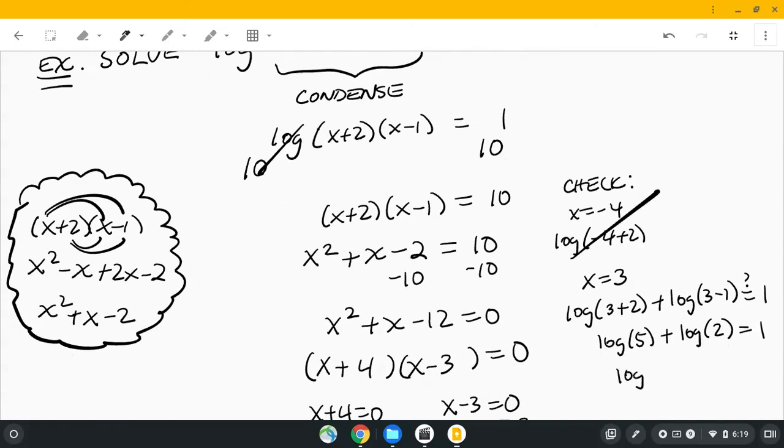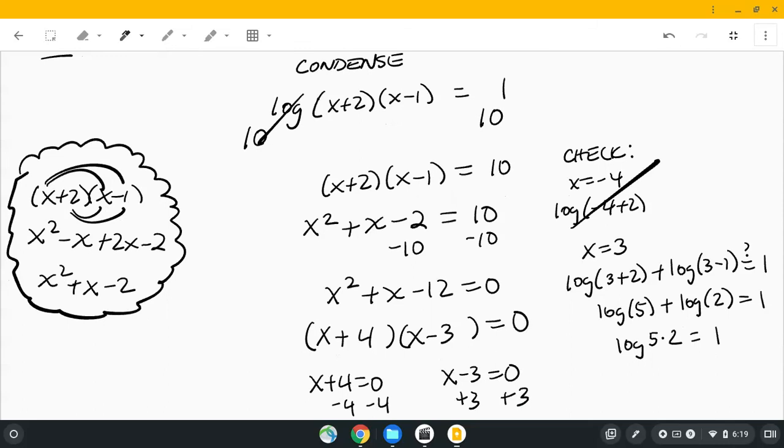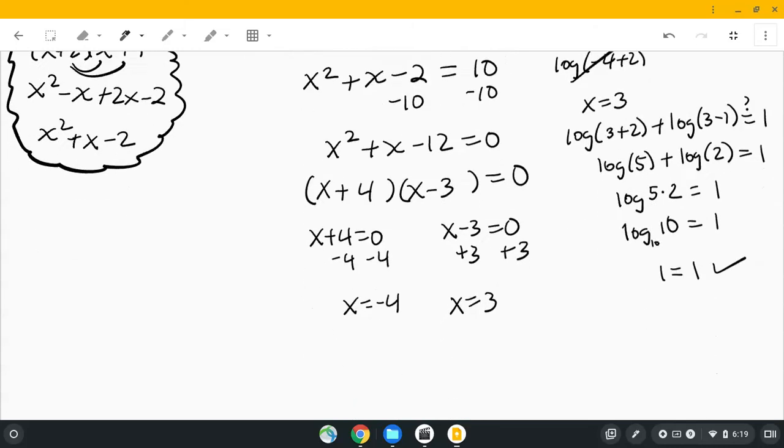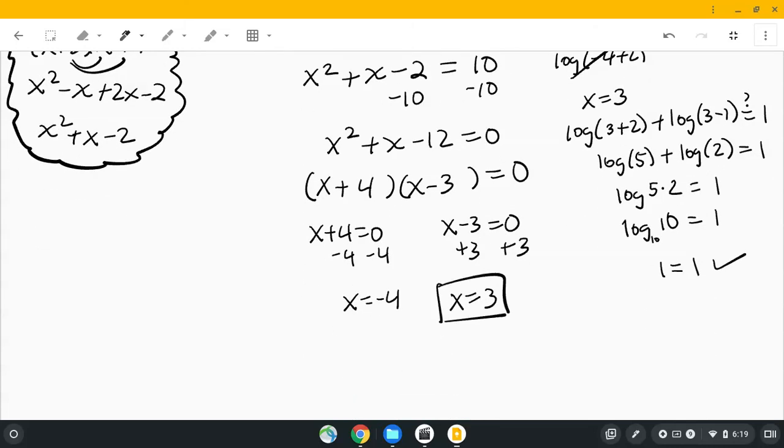And then we have log, I'll rewrite this as a single log of 5 times 2. And then log of 10. And yes, 10 to the first. Right here, this is, remember, common log is base 10. So this equals 1. So yes, x equals 3 works, but this one does not. Okay.